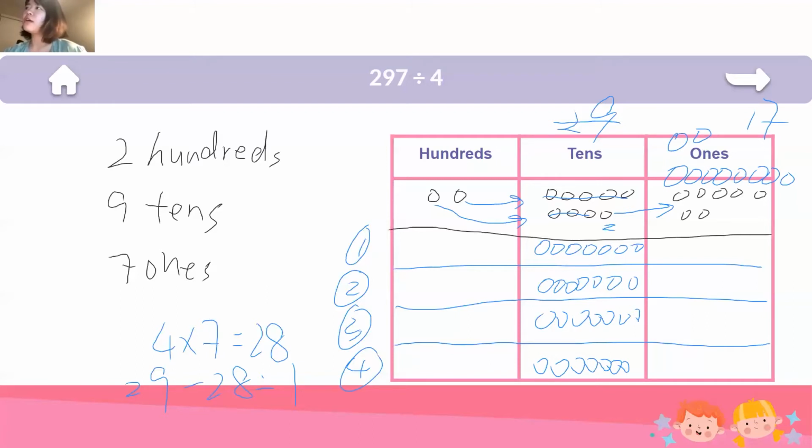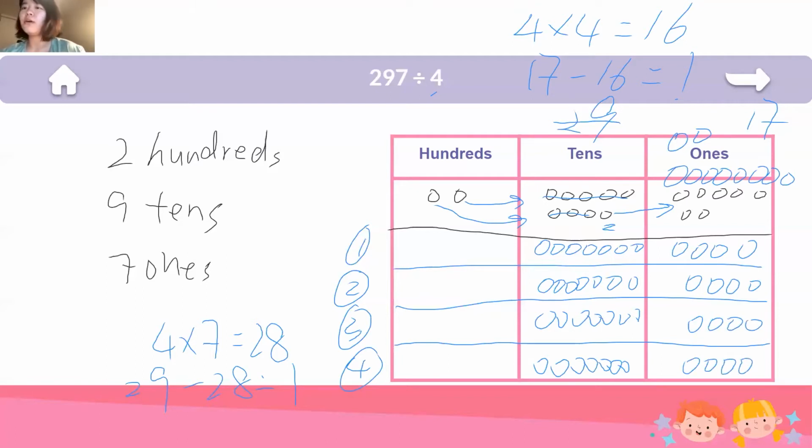How about 4? Because 4 times 4 is 16. Let me write it up here: 4 times 4 is 16, and 17 minus 16, the remainder is 1. And 1 is less than 4, which means we're getting the correct answer. Let's put 4 into the place value chart.